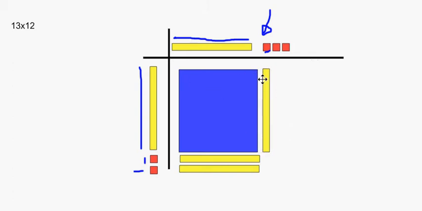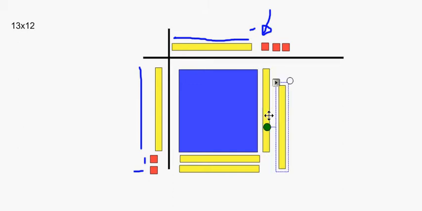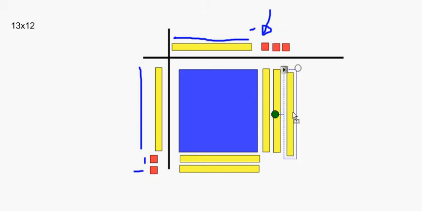It's got a height of 10, just like this one has a height of 10, and it's got a width of 1, just like this one has a width of 1. So this area is a 1 by 10 or a 10 rod. Just like that, we have another one of those right beside it, so we'll put that one there. And we have another one of those right beside it again, so we'll put another one right there.